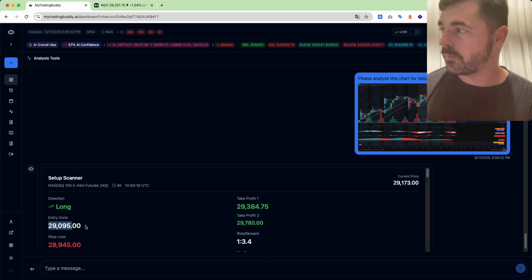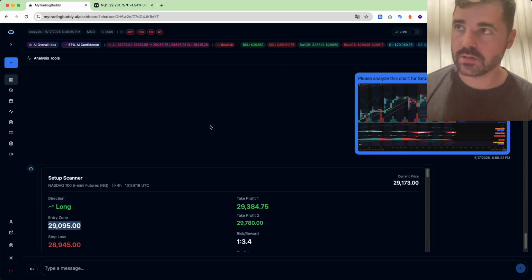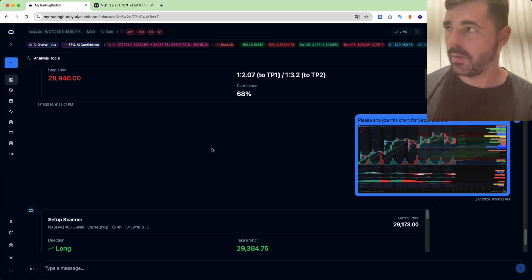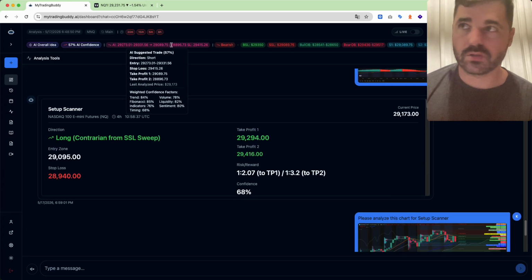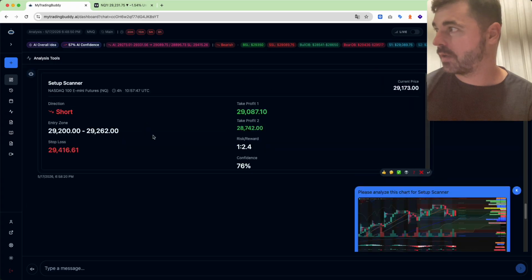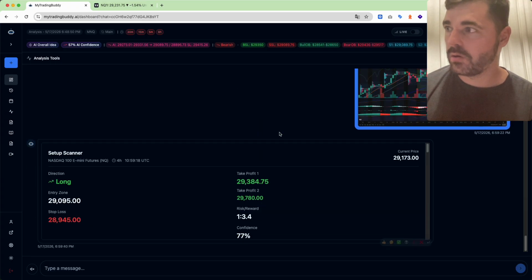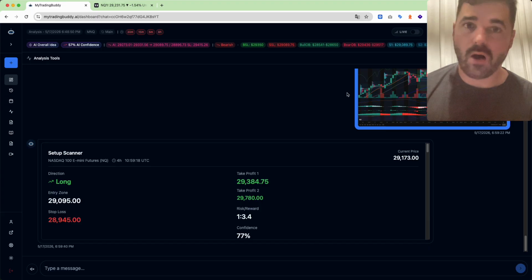We had a long, pretty similar to the chart analysis previously, but not until this sell side liquidity gets swept. Another long, and then also a short back down there. So right now we're kind of in the middle, and we'll now ask the AI some questions.